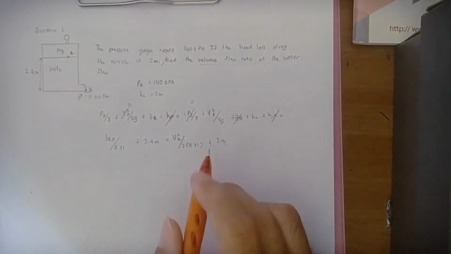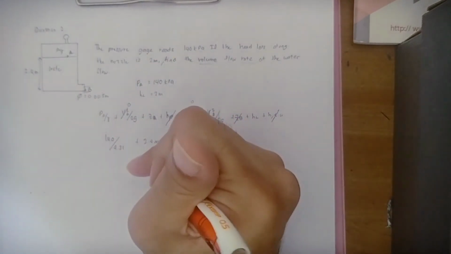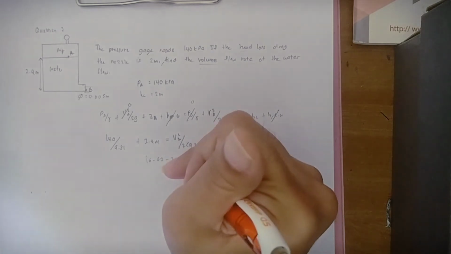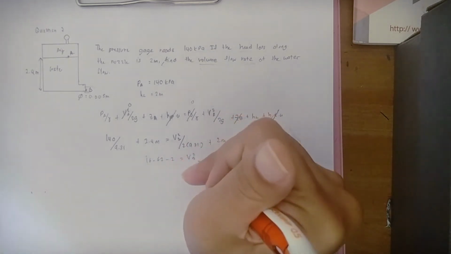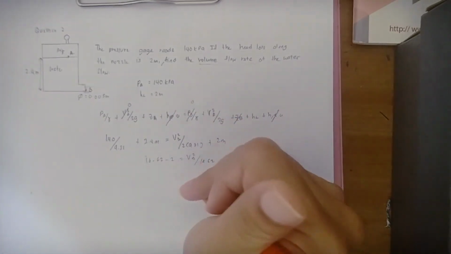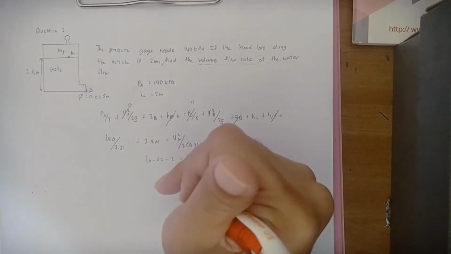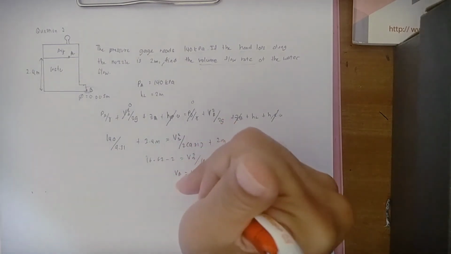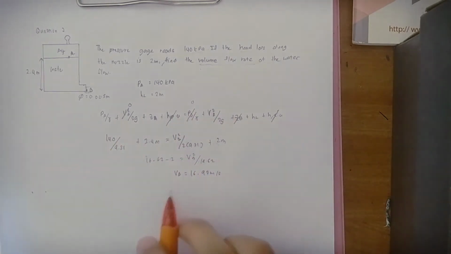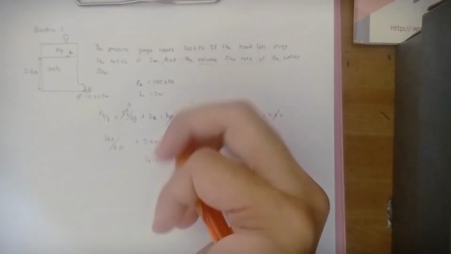Calculate all the information given. So HL we move to the other side, subtracted. 0.67 minus 2 over 19.62. Calculate all this, VB is equal to 16.97.